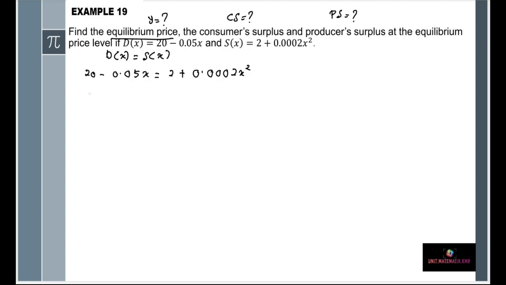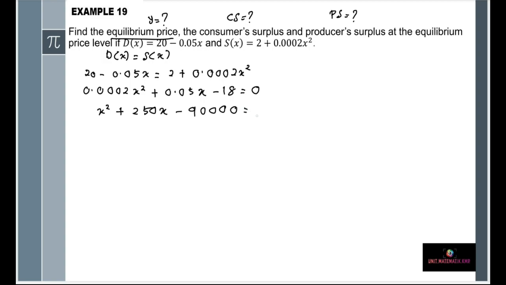Simplify this one, we have 0.0002x squared plus 0.05x minus 18 equals 0. Simplify this, I should have x squared plus 250x minus 90,000 equals 0.